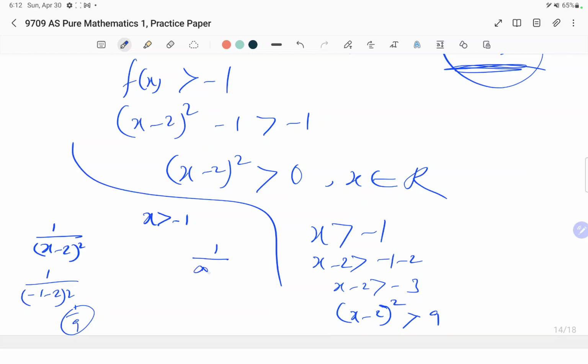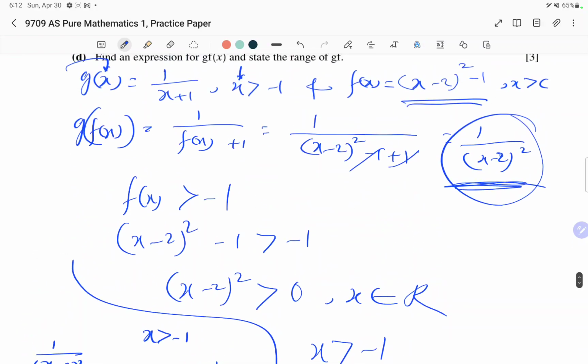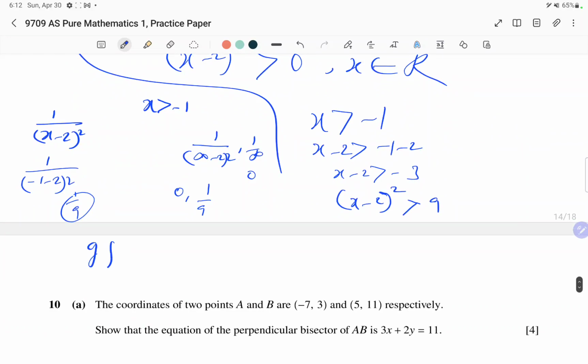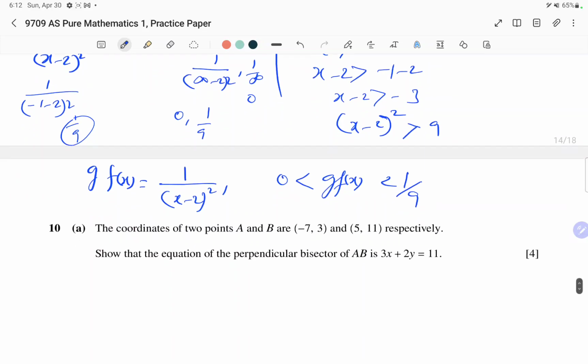So 1 over (infinity minus 2) whole square is 1 over infinity, which is 0. So you will get 0 to 1 over 9. So finally you can say g of f x is 1 over (x minus 2) whole square, and the range of g f lies between 0 and 1 over 9.